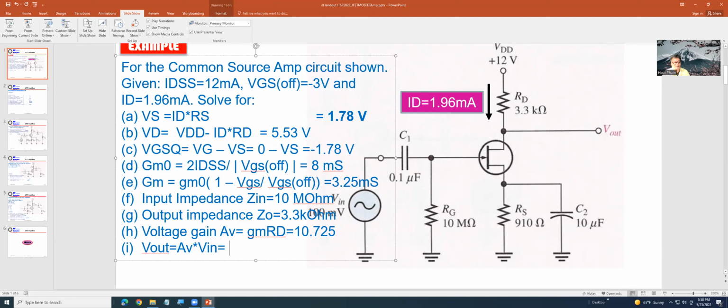Not yet. Who gets it? I want the VOUT. Just take the gain times the input.